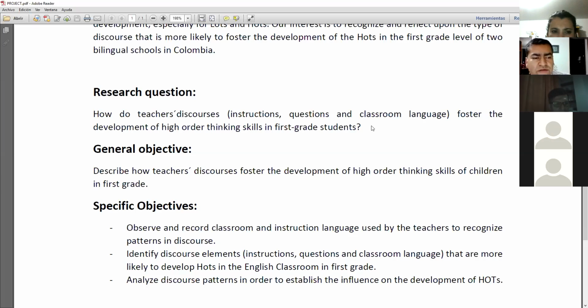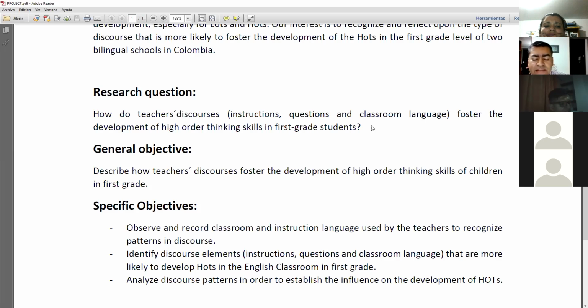Okay, the research question is: how do teachers' discourses, instructions, questions, and classroom language foster the development of high order thinking skills in first grade students? The general objective then is to describe how teachers' discourses foster the development of high order thinking skills of children in first grade. Specific objectives: observe and record classroom and instruction language used by the teachers to recognize patterns in discourse.